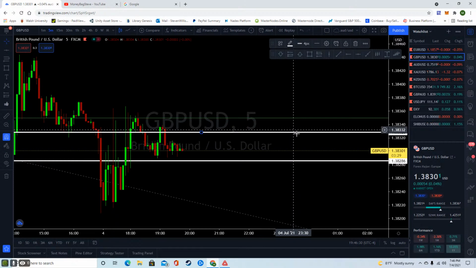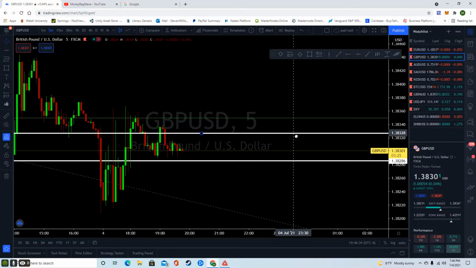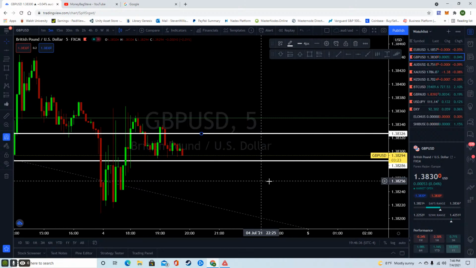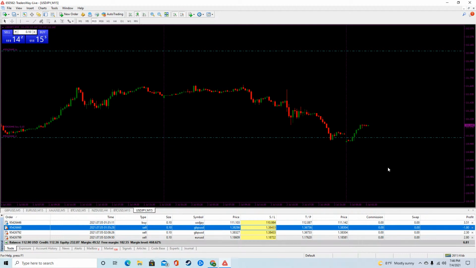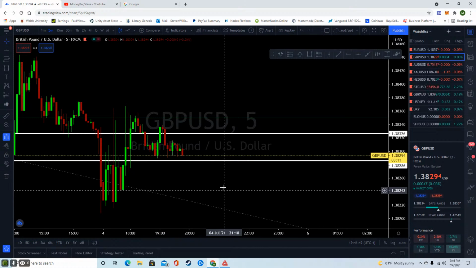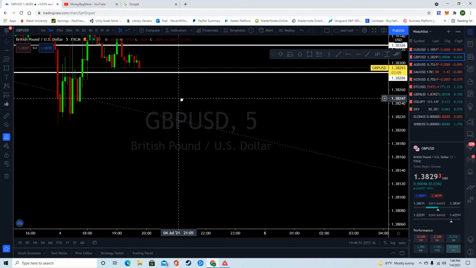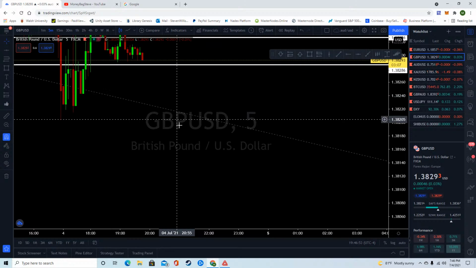Alright, so I'm in profit for this one, not in profit for that one. So I'm at almost $7 in profit at the moment. This is looking super good for us. Super good.